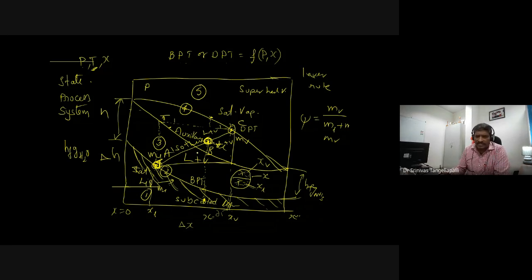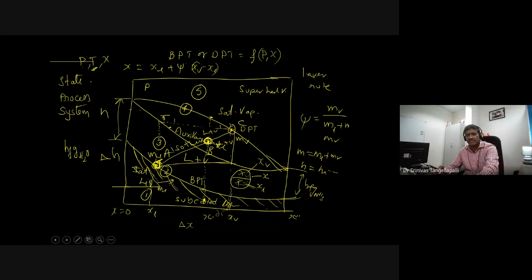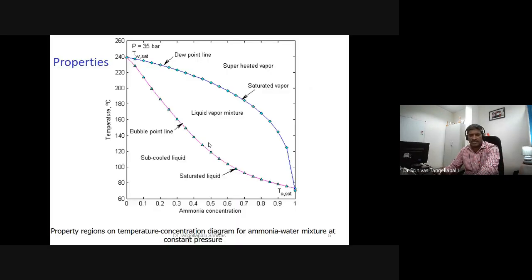One is the mass balance: m is equal to ml plus mv, and enthalpy H is equal to HL plus HV. Concentration also: x is equal to xL plus, using the dryness fraction, xV minus xL. You may combine all these equations to apply the lever rule to solve this mixture of liquid and vapor.